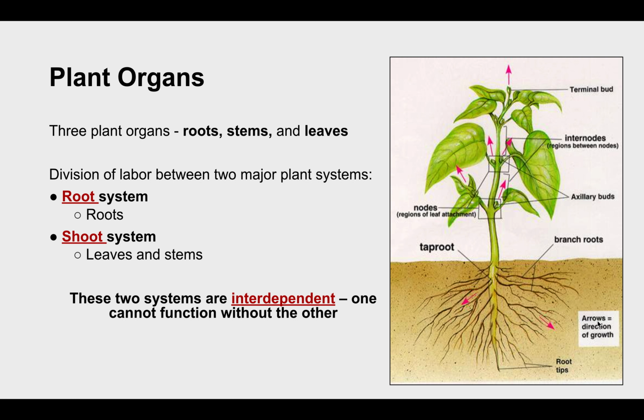Now these systems work together. They are interdependent. One cannot function without the other. You can't have a plant that's all roots, because it's not going to be able to photosynthesize. You can't have a plant that is all shoots with stems and leaves and no roots, because it's not going to be able to acquire nutrients. So these systems are reliant upon one another for resources.